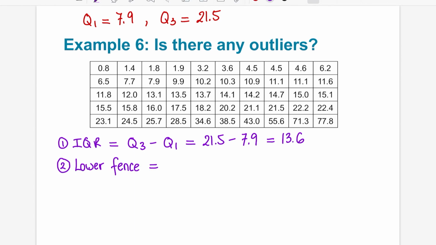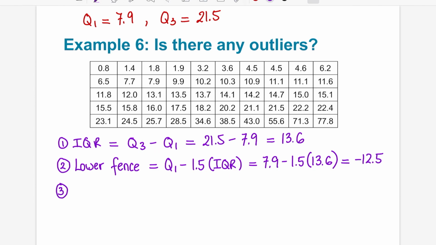The second step is to find the lower fence, which can also be called the lower outlier boundary, which is Q1 minus 1.5 times IQR, which is 7.9 minus 1.5 times 13.6, negative 12.5.